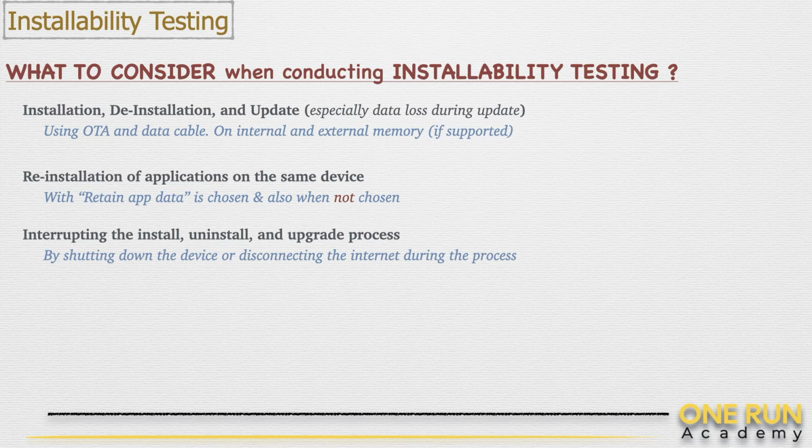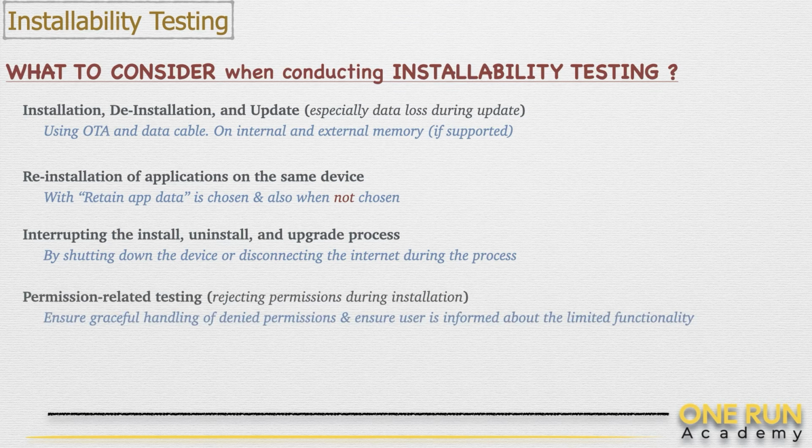Another aspect we must consider is permission-related testing. Permissions can be a tricky part of the installation process. So we need to ensure that if users reject certain permissions during the installation process, of course, the app should handle it gracefully.